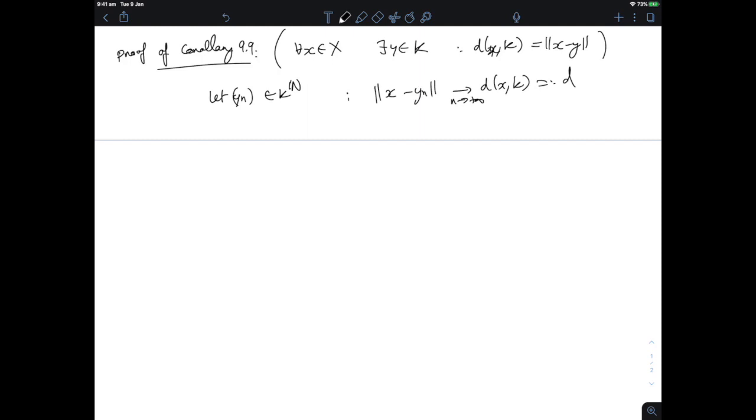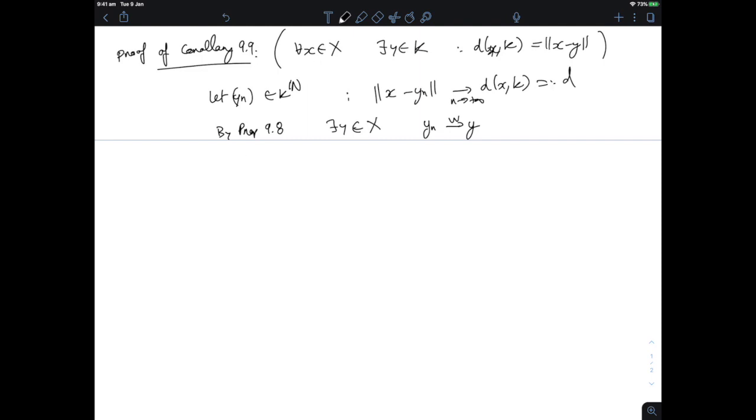Now that's a bounded sequence because K itself is bounded anyway, and so we can extract a weakly converging subsequence by proposition 9.8. So there exists a y, a priori in X, such that y_n tends weakly to y.